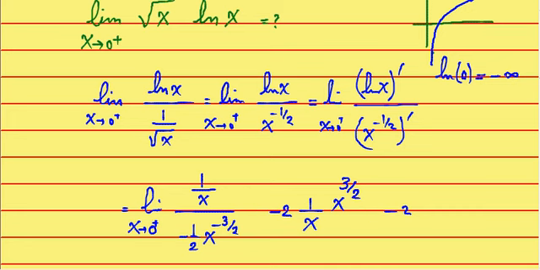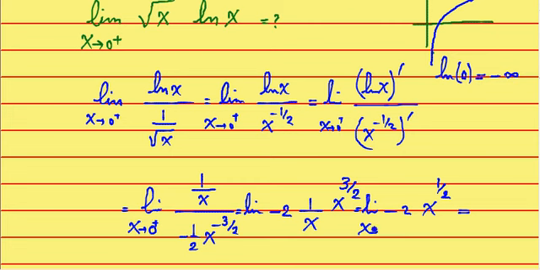It happens here because we are taking lots of steps. Limit of minus 2, x to the power of 3/2 divided by x to the power of 1/2, that is x to the power of 1/2. Okay, now we are ready for the final punch.